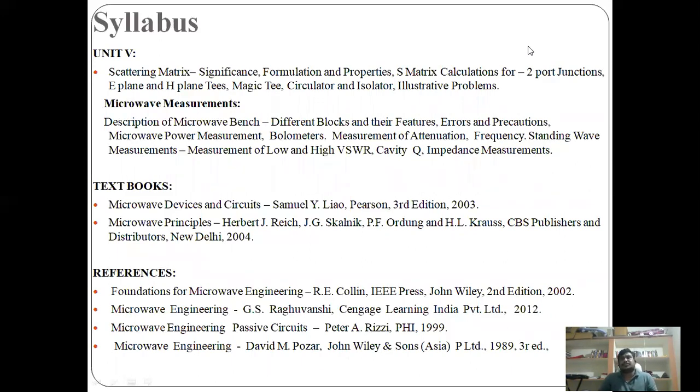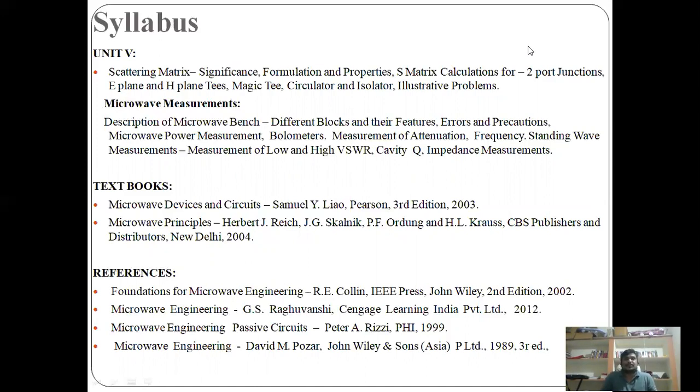That means we estimate by two-port network parameters like Z parameters, H parameters, G parameters. But those parameters will not work at high frequency; that analysis is suitable only for low frequency applications.